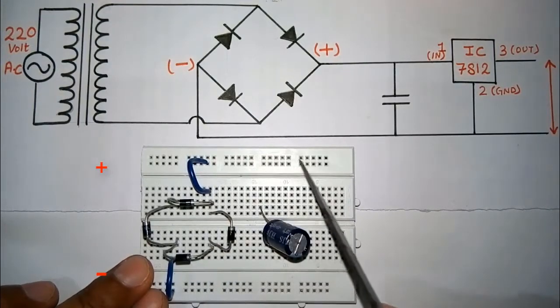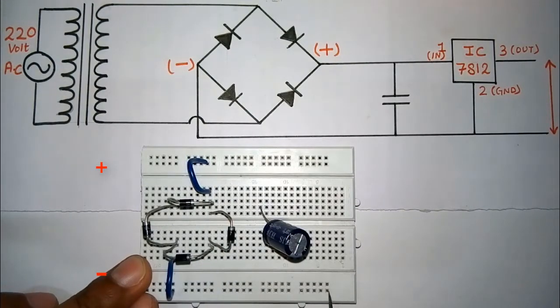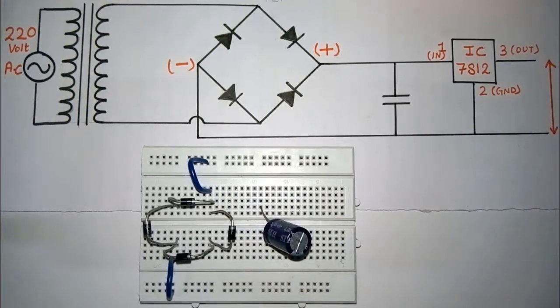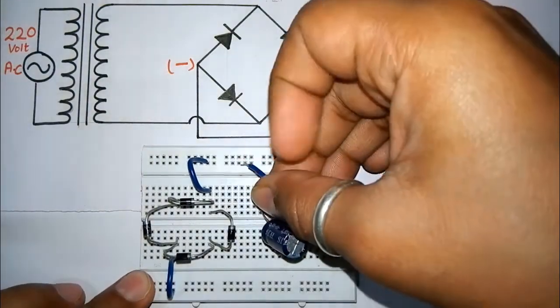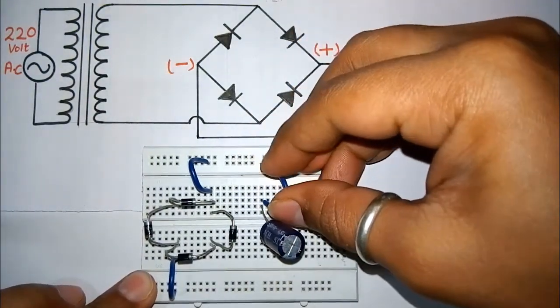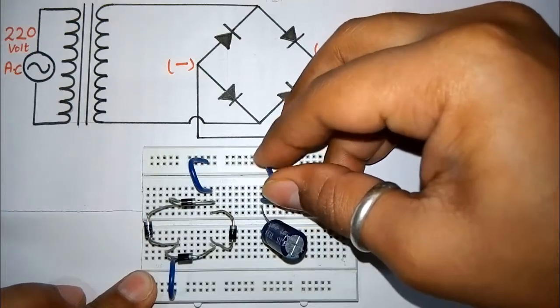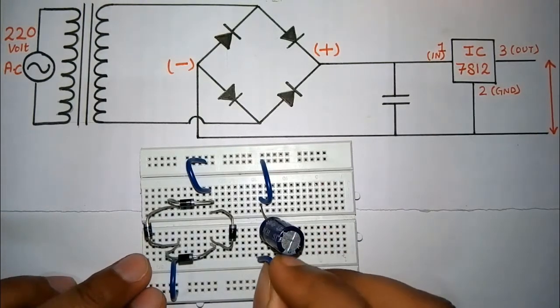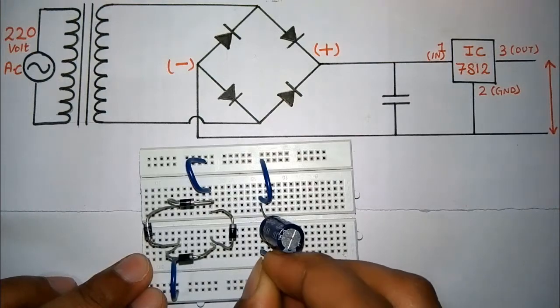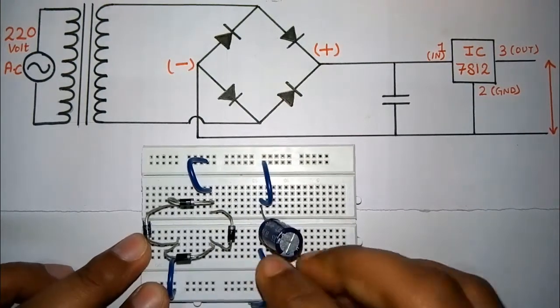This is my positive half, this is my negative. I'm connecting the positive leg to the positive of the capacitor. Now the negative leg of the capacitor to the negative line.